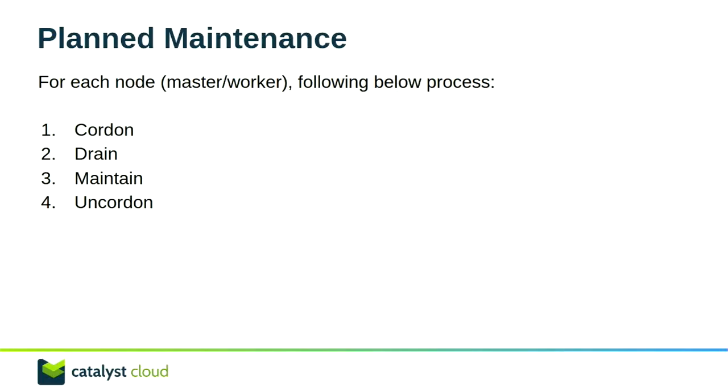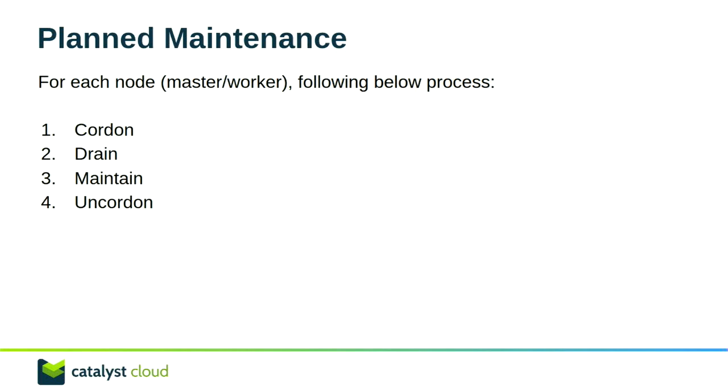For planned maintenance, getting zero downtime for your application on the Kubernetes cluster is quite simple. You just need to follow the typical process. For example, if I want to do a rolling upgrade of my Kubernetes cluster from version A to version B, the general process is, the first step is cordon. Cordon is a command in Kubernetes.